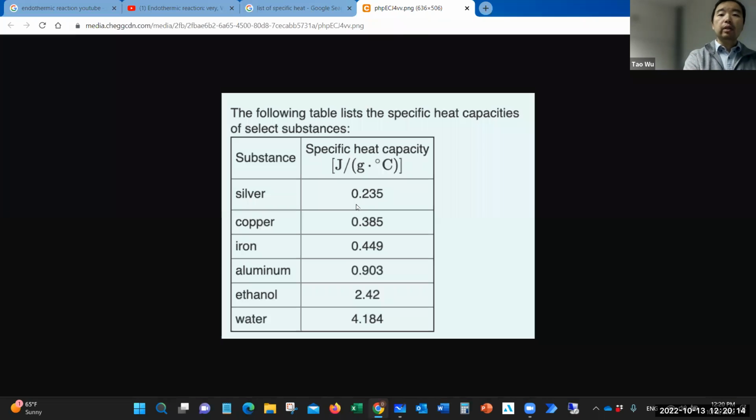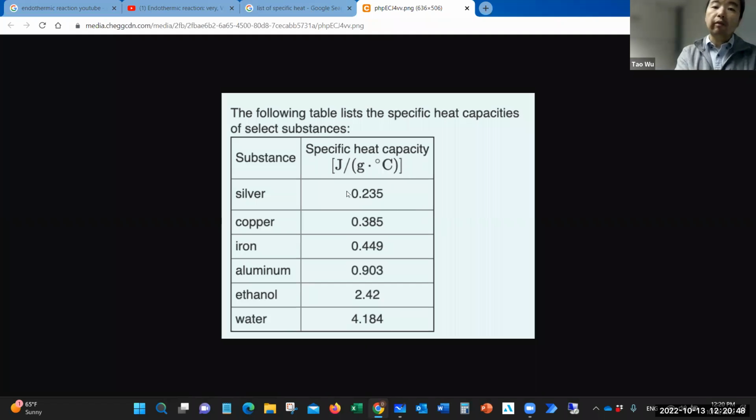These are some of the numbers for specific heat. It doesn't matter right now what each number is; let's talk about what a big number means and what a small number means. Which one is the smallest number? Silver, 0.235 joule per gram per Celsius. The biggest number is water, 4.184 joule per gram per Celsius.